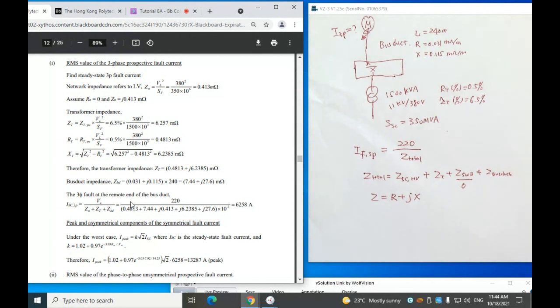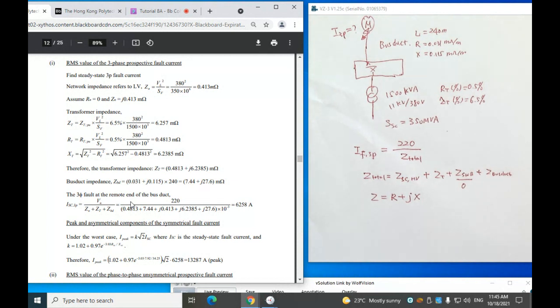The next one is the transformer impedance. We have a similar formula, but in this case we need to consider both resistance and reactance together, because the information about resistance is already given in the question. The formula is the impedance in percentage times the base value, which is the line voltage squared over the rating of the transformer.